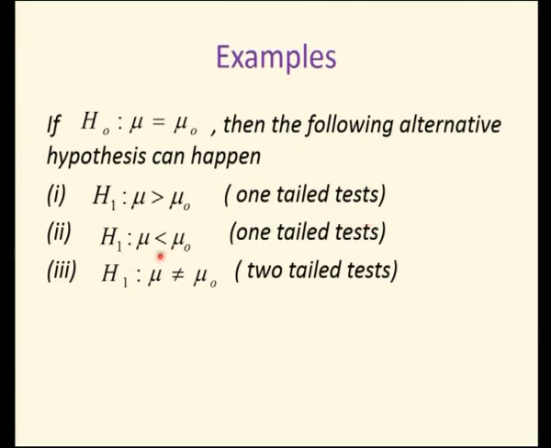Again here, if it is less than mu naught, this is also one-sided decision, therefore one-tail test. So, H1 is such that mu not equal to mu naught, it is a two-sided decision. So, these are the examples for null hypothesis and the alternative hypothesis.